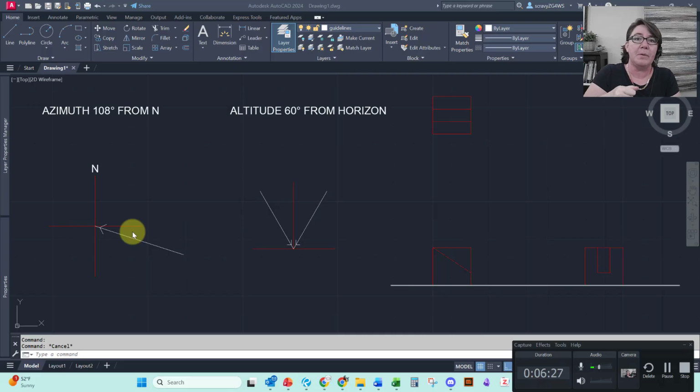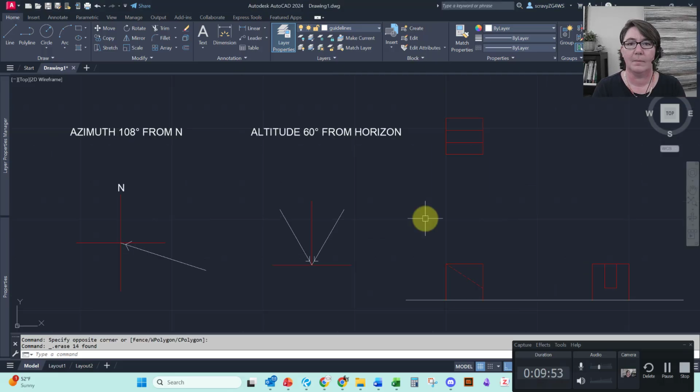You're going to turn both the compass and your paper until the line that you want, that 108 degrees, lines up with your T-square. Tape it down, take the compass out. Now you can draw as many lines as you like at that particular angle, and then you will pick it up and rotate it back when you're done with that angle.